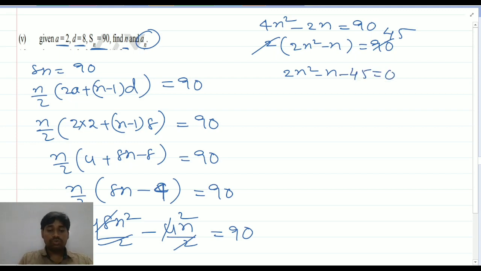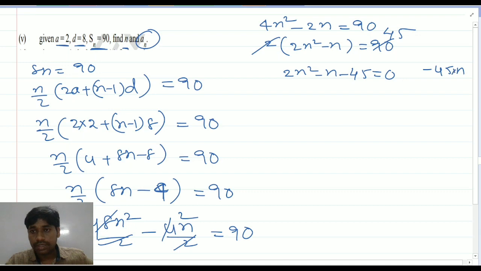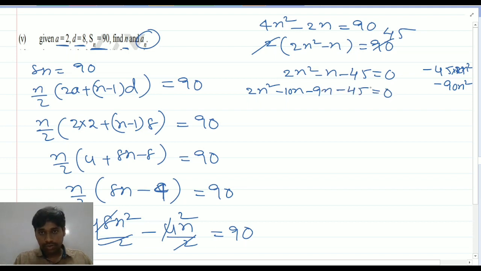So we got a quadratic equation here. Multiply the first term and the last term: 2n square into minus 45 gives minus 90n square. 9 tens are 90. So with that we can split the middle term, minus n as 10n minus 9n. So we will take this as plus and this as minus.